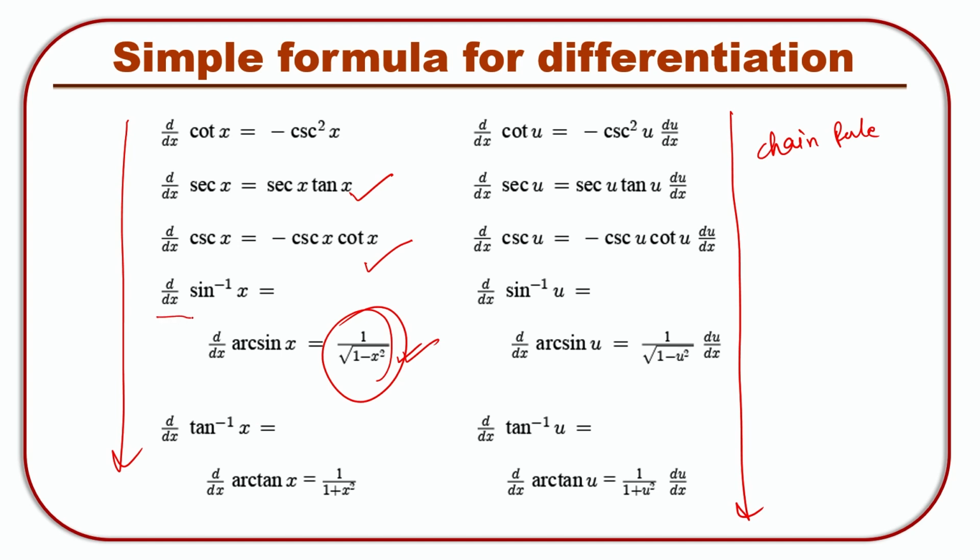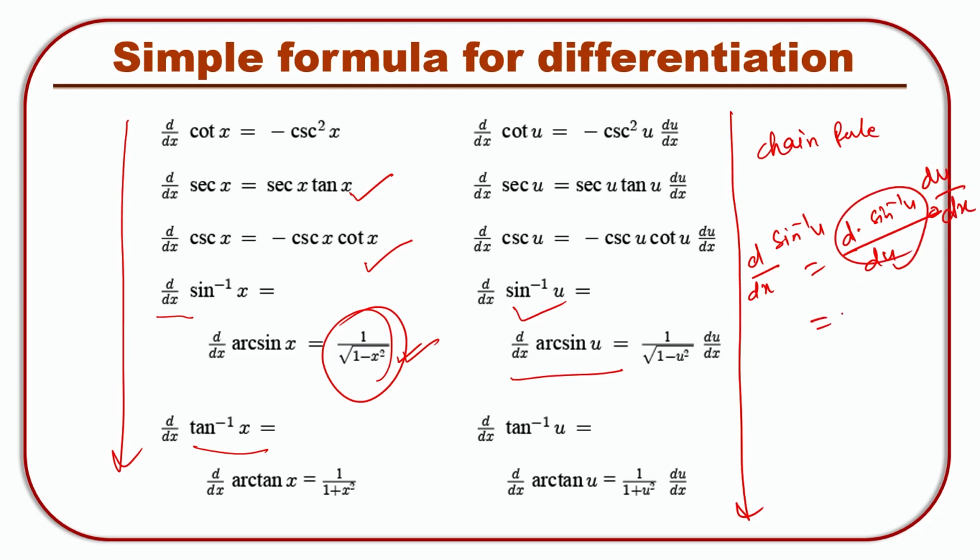The derivative of sin inverse x is equal to 1 by square root of 1 minus x squared, right? Remember this one, this is quite easy. The derivative of sin inverse x, also written as arcsin x, is equal to 1 by square root of 1 minus x squared. The derivative of tan inverse x is equal to 1 by 1 plus x squared. And similarly, for sin inverse u, where u is a function, using the chain rule, d/dx of sin inverse u can be written as d(sin inverse u)/du into du/dx.